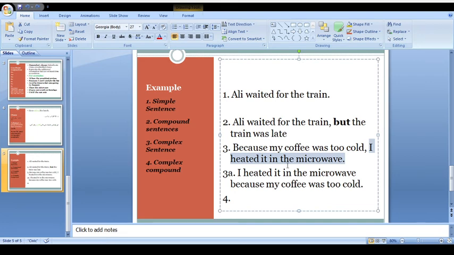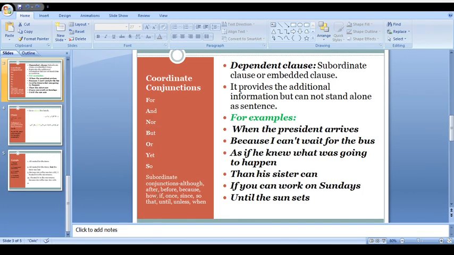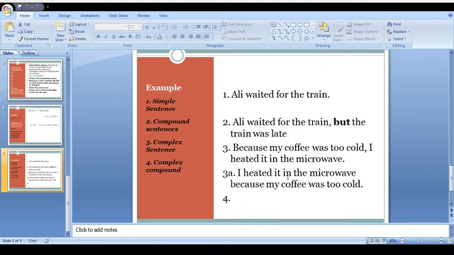So here I have used a subordinate conjunction, which I have mentioned here. I'm using because. Let's see. I heated it in the microwave because my coffee was too cold. How to use a subordinate conjunction in it, right?